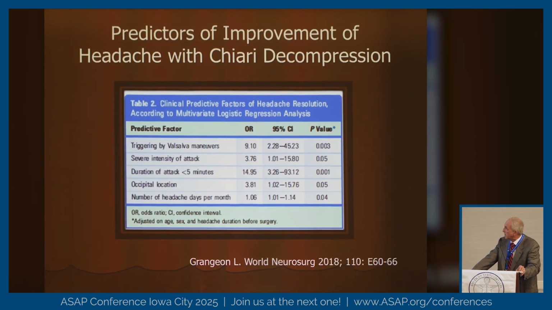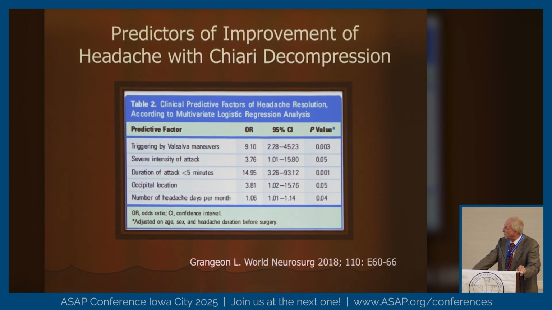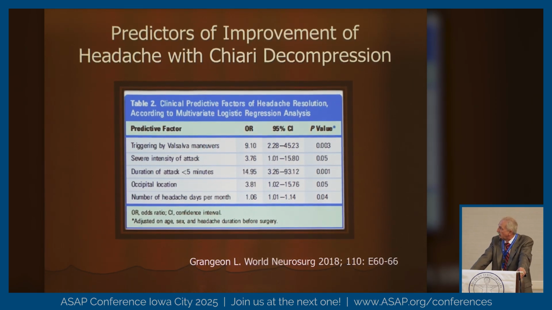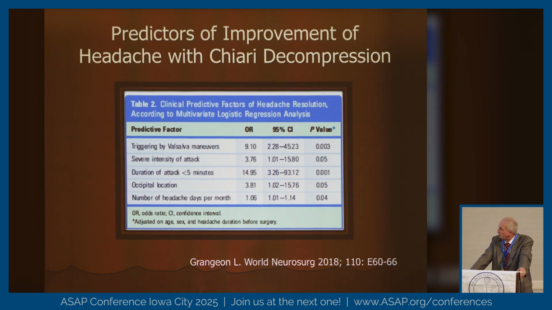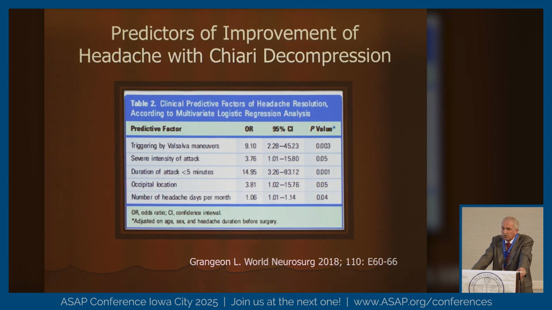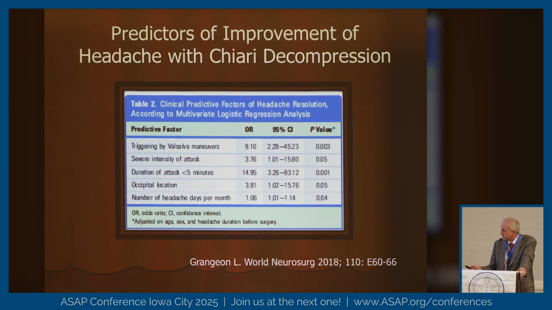The clinical predictors of headache resolution include if the headache was triggered by Valsalva maneuvers, if there was severe headache intensity pre-op, if the duration of the attack was less than 5 minutes, so a classic Chiari headache, if it was occipital in location as compared to frontal, temporal or parietal locations, and also if the number of headache days per month was greater. So those were all predictors of response.